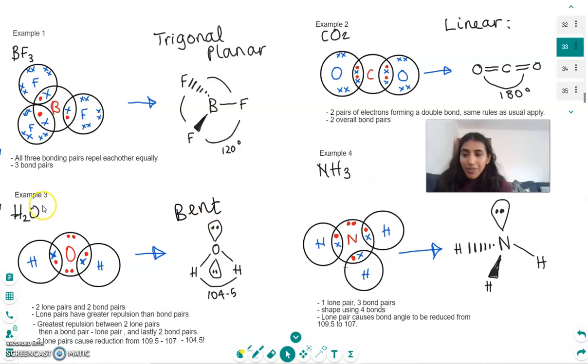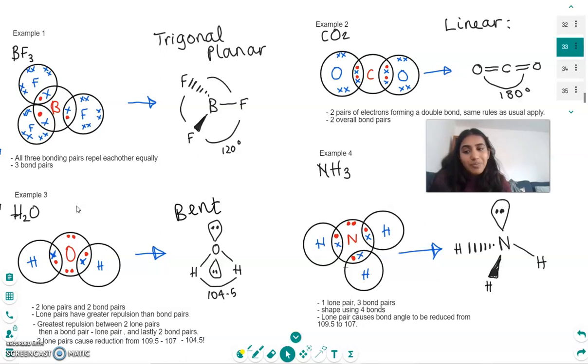So let's look at example 3 together. This is, what's the common name for this? Water. You definitely know that. Well done. H2O. So I've done my little diagram of oxygen in the middle, H on the side. And can you name what these diagrams here that I've used in the blue and red are? Dot and cross diagrams. Fantastic. Yep, you should be familiar with them, especially for your covalent bonding.